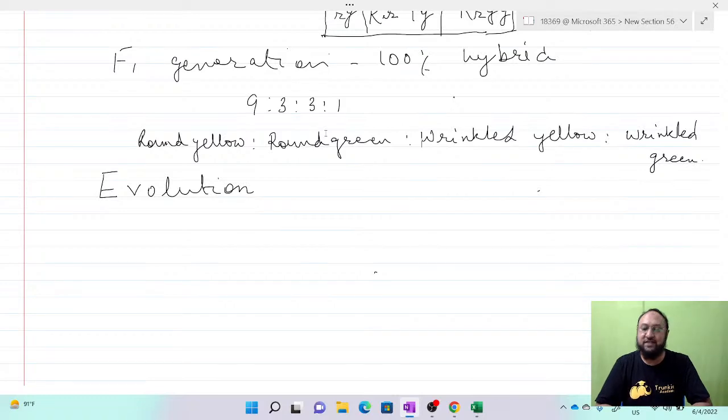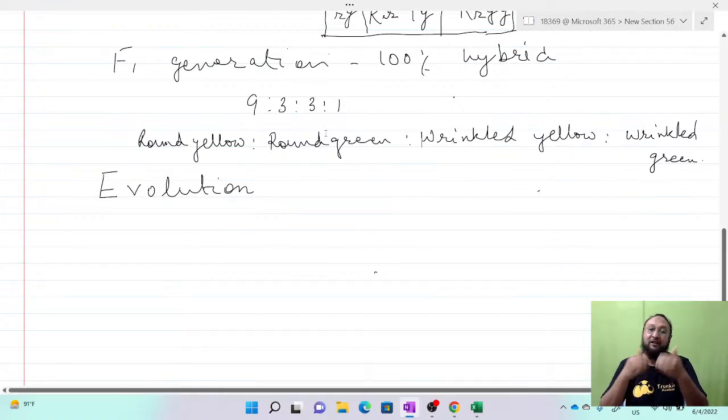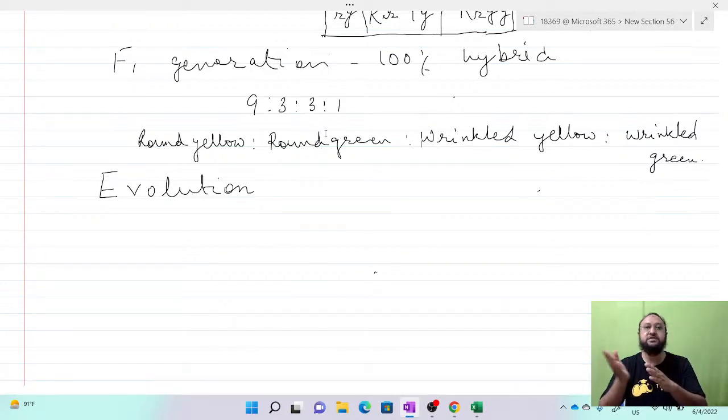That is why it is called reproductively isolated. The formation of a new species from an existing species is called speciation.